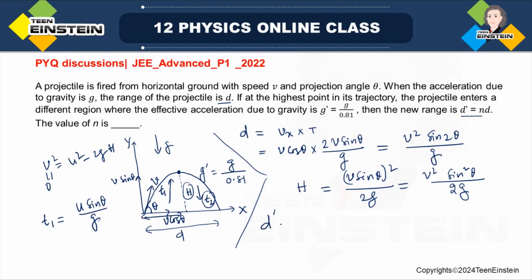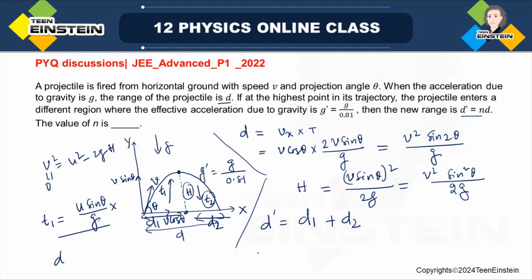See, d prime will be actually the sum of two ranges now. One is due to the motion with g, and the other portion, this portion, due to the motion of the projectile with g prime. Right? So I get t1 with g, so I can just write down the d1 plus d2. So this is d1 up to this much, and this much it is d2.